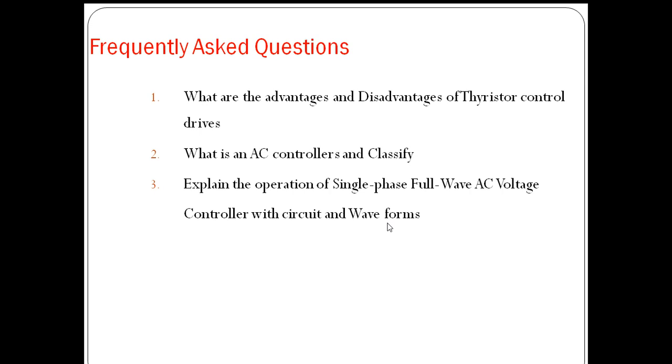You have to draw the waveforms of supply voltage, output voltage, output current, and you have to represent the thyristors which are conducting, during positive half cycle which one, during negative half cycle which one, clearly in the waveforms. And you have to write the circuit operation for different time instances: 0 to alpha, from alpha to pi, at pi, from pi to pi plus alpha, from pi plus alpha to 2 pi. Like that you have to write the circuit operation as we discussed in today's class.